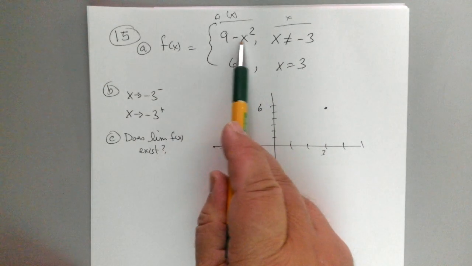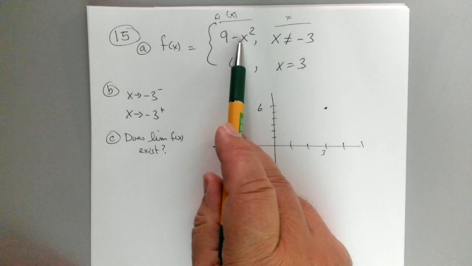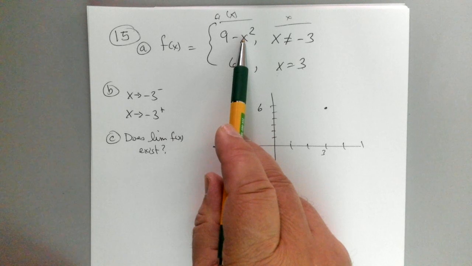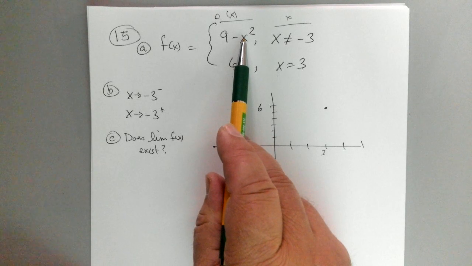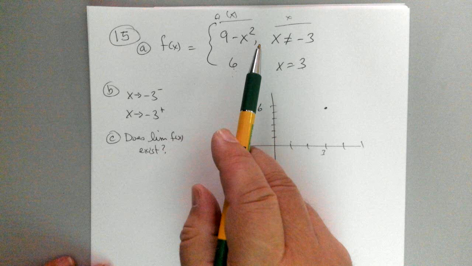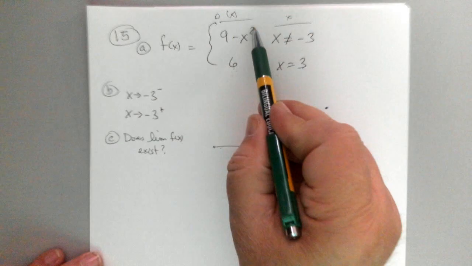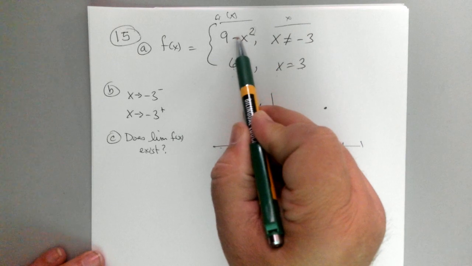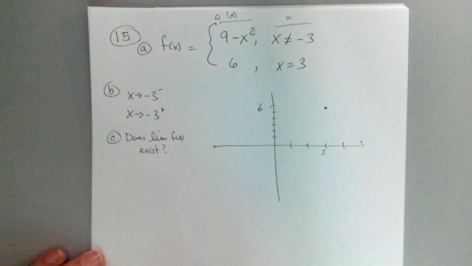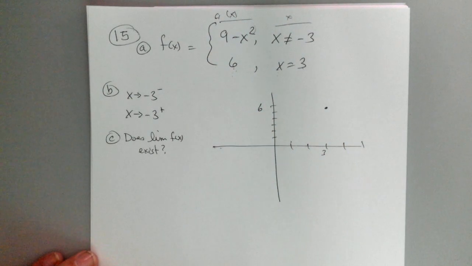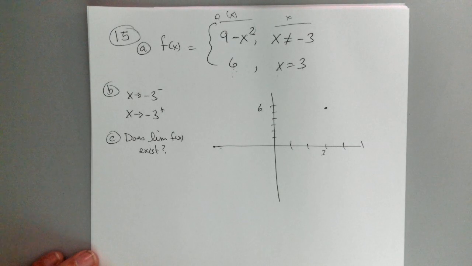What do you know about this graph? What's it going to look like? What's the basic shape of it? It's a parabola going downwards, yes. It's a parabola because it's x squared. It's going down, and the vertex is where? Right.